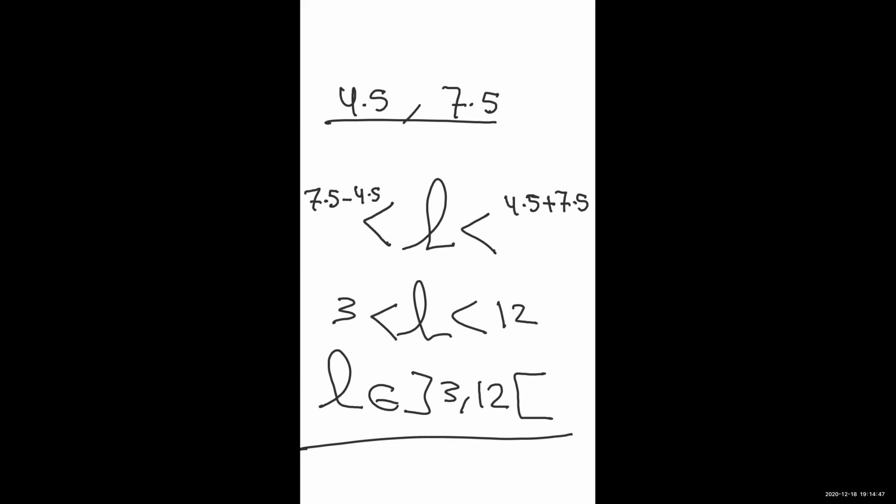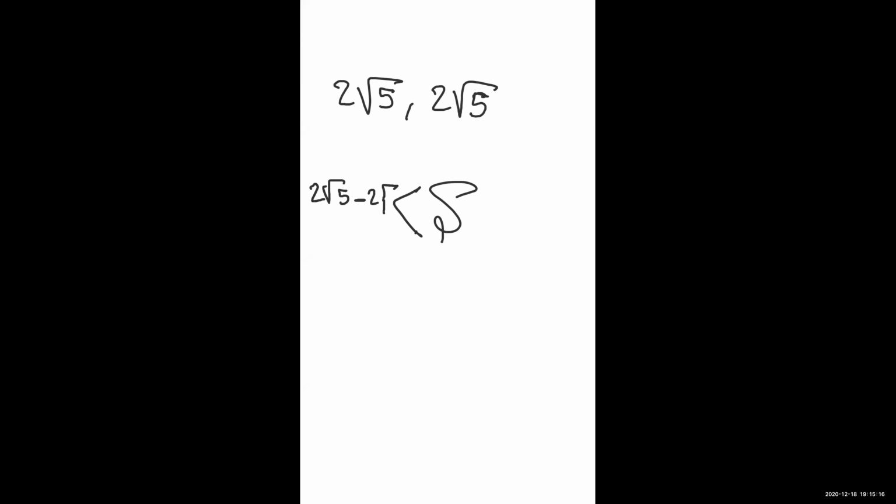Yes. Okay, great. One more example. Actually, this lesson is very easy also. This is the main rule, nothing more. If the two sides are 2 square root of 5 and 2 square root of 5. So this means the side will be greater than 2 square root of 5 minus 2 square root of 5, I mean the difference, right?